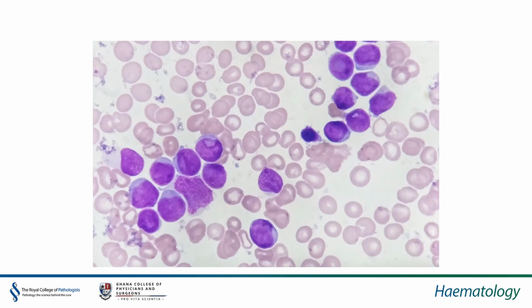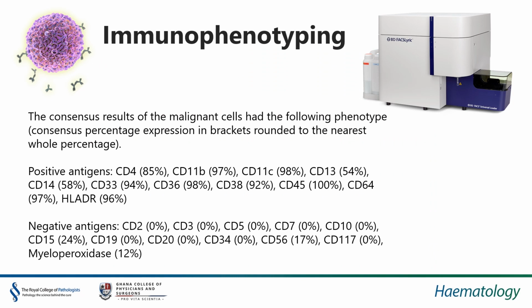So of course the cells are sent off for flow cytometry, and we've looked at the consensus result of the cells here. The positive antigens are CD4, 11B, 11C, CD13, 14, 33, 36, 38, 45, 64, and DR. So immediately we can say that these cells have got some sort of monocytic differentiation with CD4, our integrin CD11B, 11C, and our myeloid antigen CD13, CD33, and also CD64 and 14, again pointing towards that monocytic differentiation.